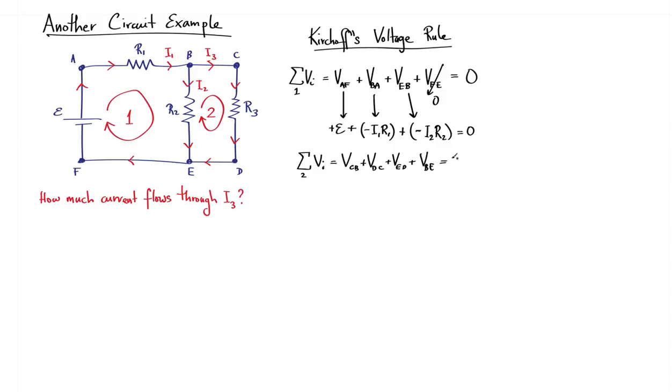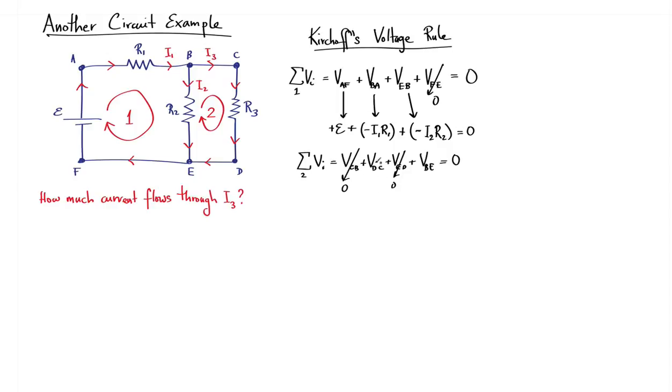We started at B and we end at B. B to C and D to E are ideal wires, so that's pretty easy to deal with. That's just 0.